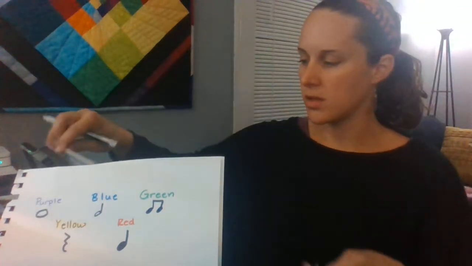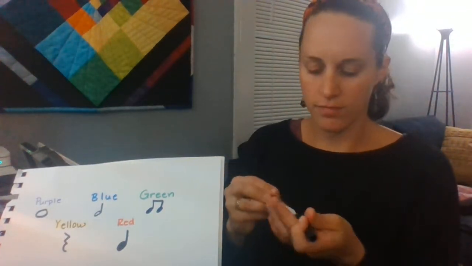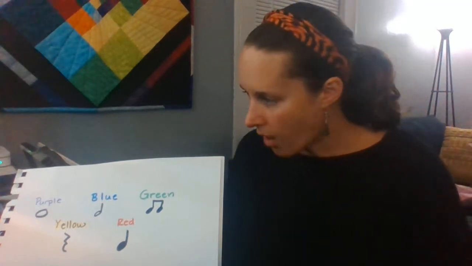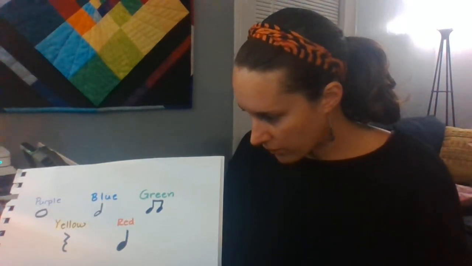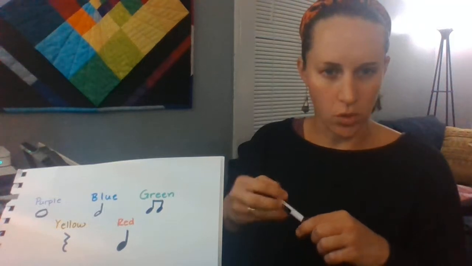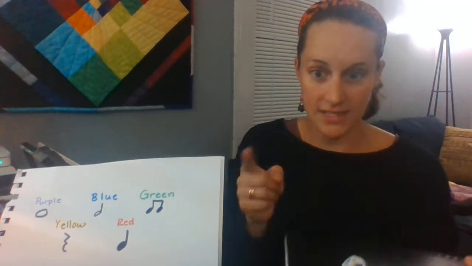It's coming along. I like that second measure. Okay, let's see. Red is a quarter note. Okay, quarter note. I wish there was like a board behind me that I could figure out. Oh, that was an accidental roll, but we'll keep it. It's green.